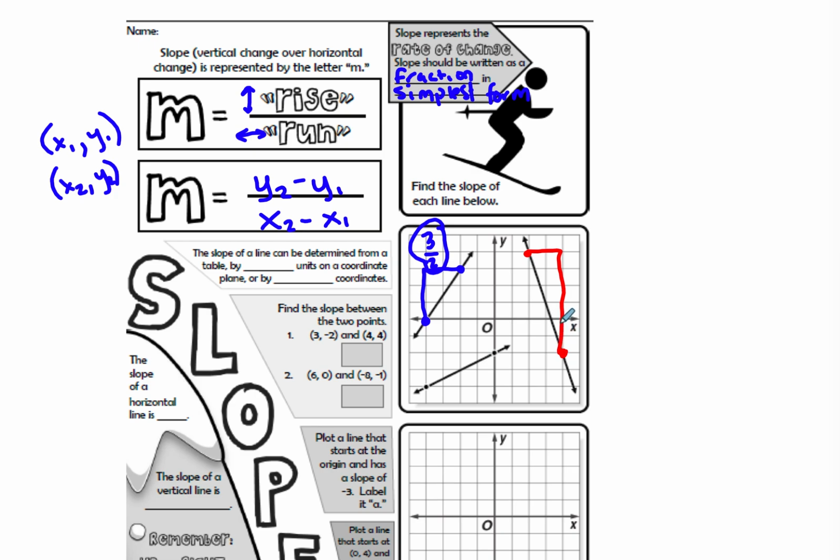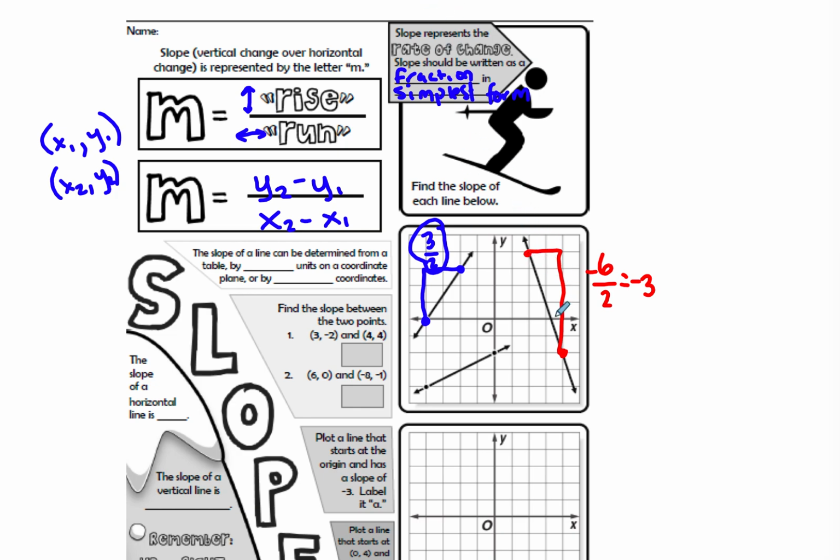We went 1, 2, 3, 4, 5, 6, and then 1, 2. And then again it's going to be a negative because my line is pointing down from left to right. And then negative 6 over 2 simplifies to negative 3. Negative 3 is our slope.